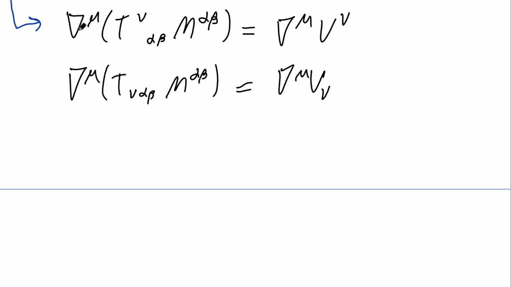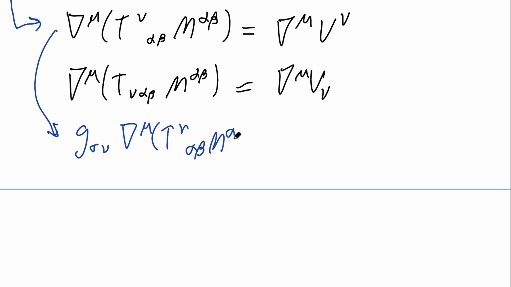So how do we get from this expression to this one? Let's take a quick look at that. We multiply this equation by g_{σν}, and that's equal to g_{σν} ∇_μ V^ν. Now let's just look at the right-hand side.